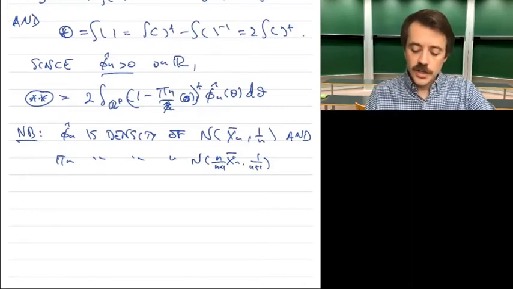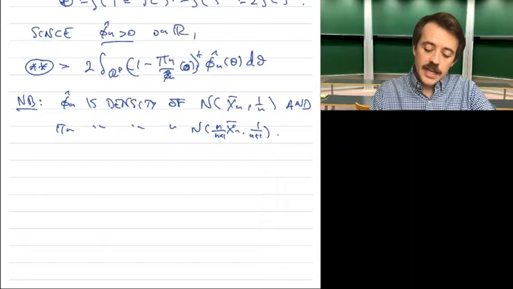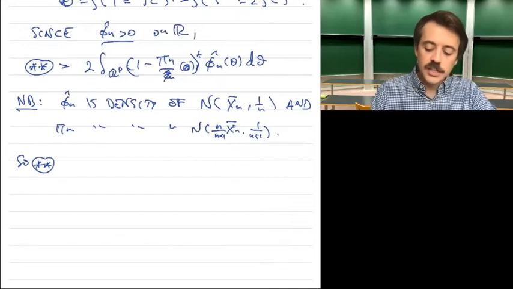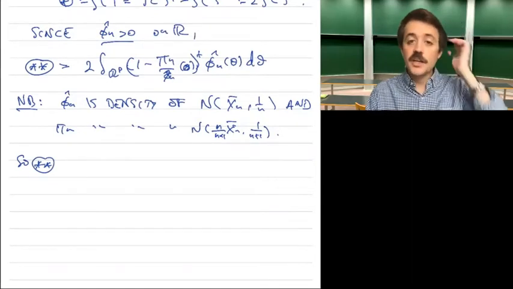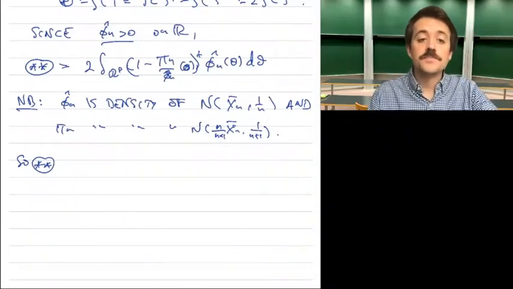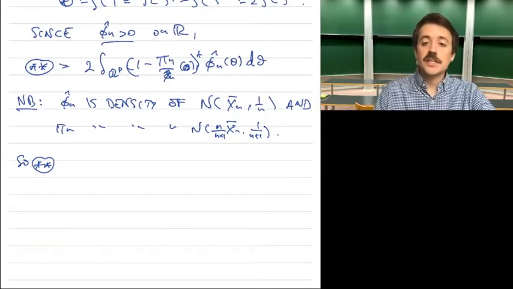Okay. So given this, what we get is that the right hand side, let's say double star, which of course means the right hand side up here, can be written as follows.